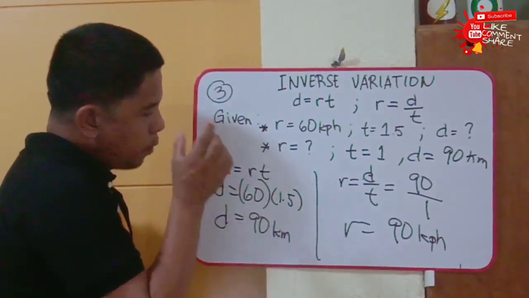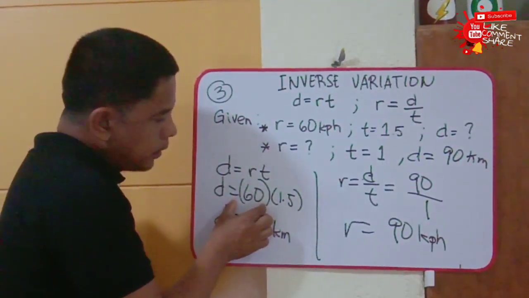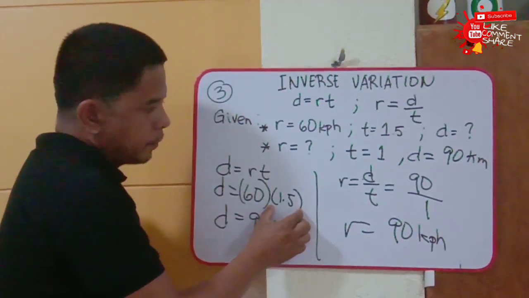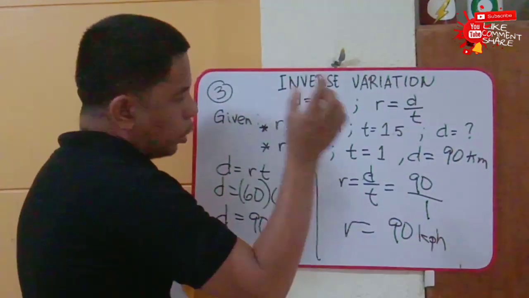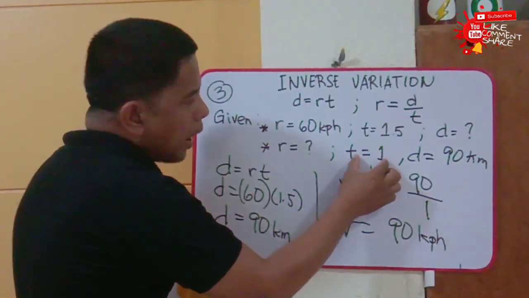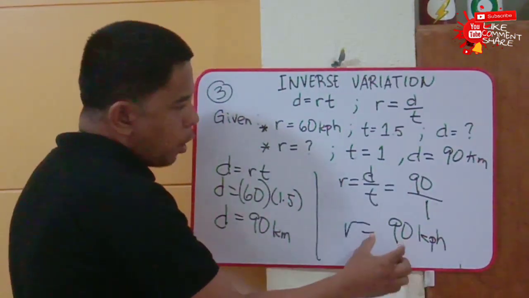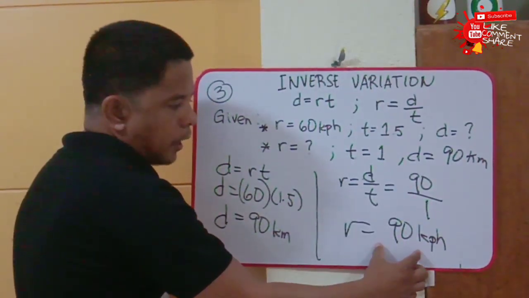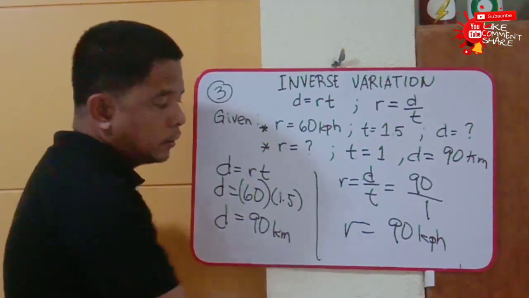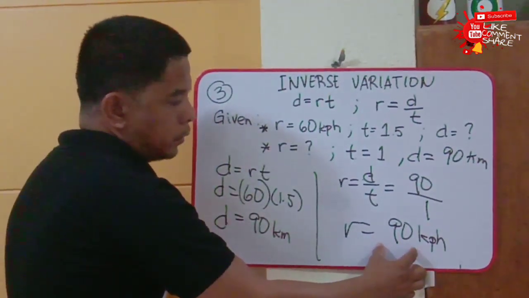Okay? So, mabagal, mas mahaba. Okay? So, maiksi, pero ang bilis niya ay mas mabilis. So, that is 90 km per hour.